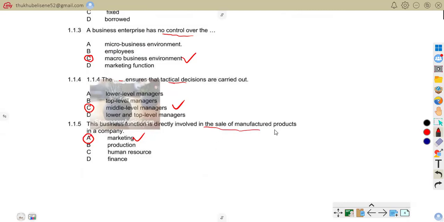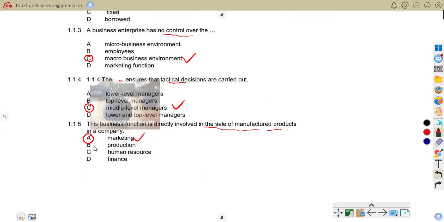Those are activities to promote and sell products or services: understanding customers' needs, pricing, distribution, and advertising. The finished, manufactured products are directly involved in the sale, and the function that fits there is the marketing function.